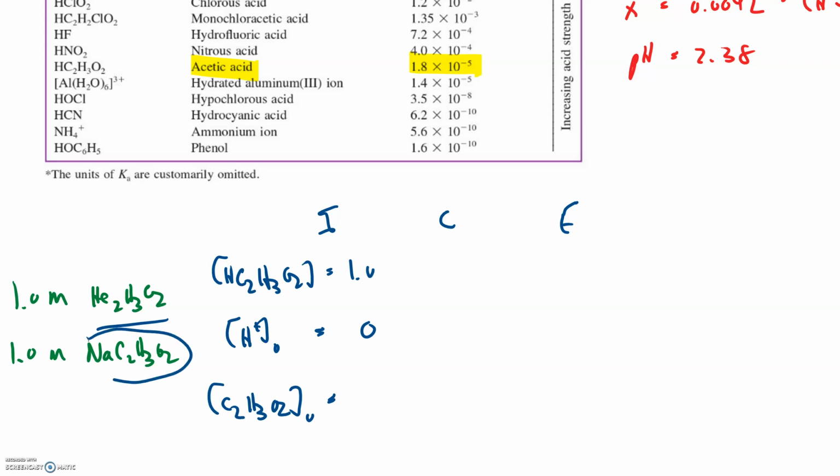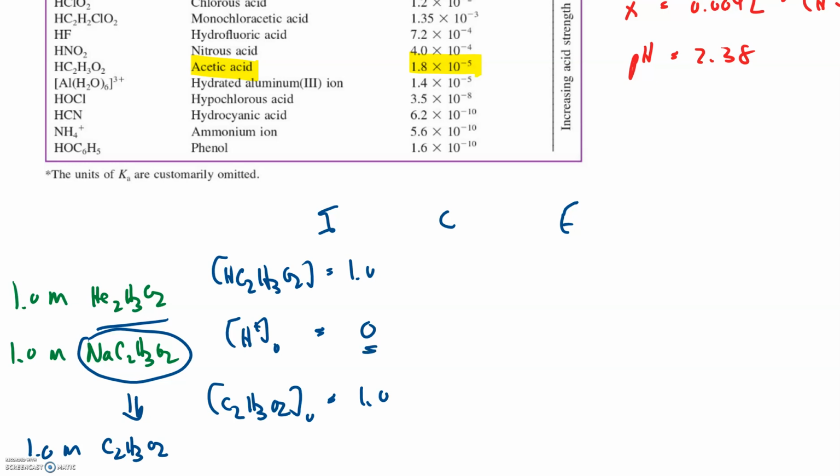But we already have some here, and this is going to dissociate completely. That means that when this gets put into solution, our concentration of the acetate ion is already 1. So what's the change going to be? Well, we've got to run it forward because we've got to make some H+.